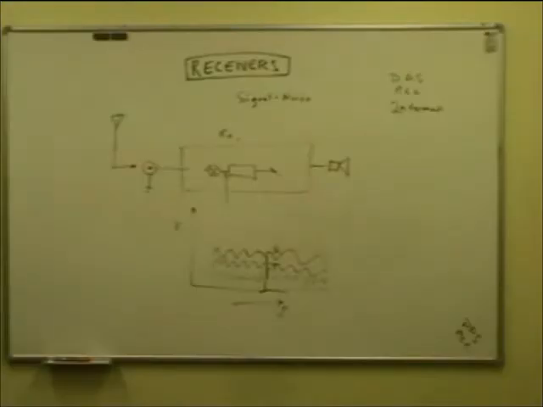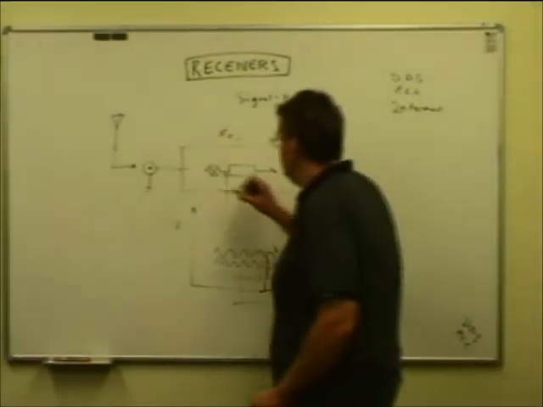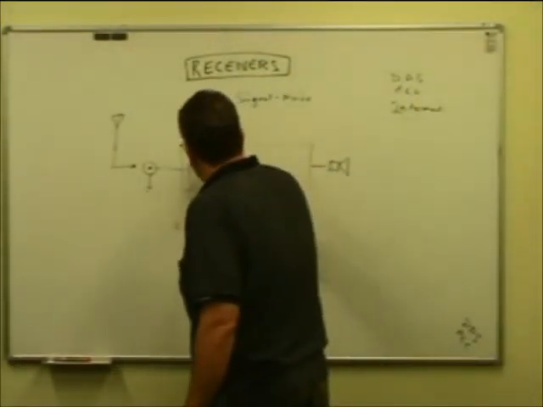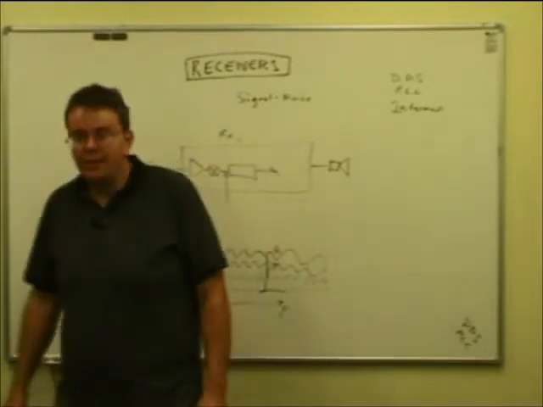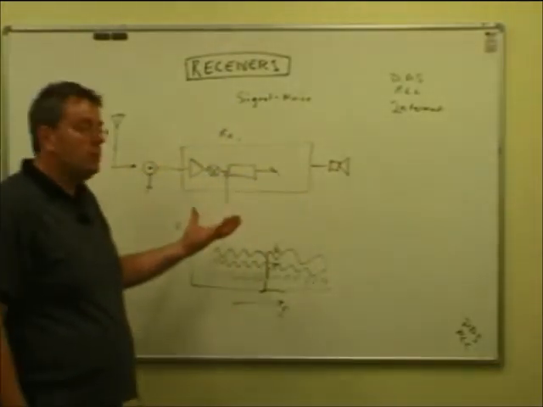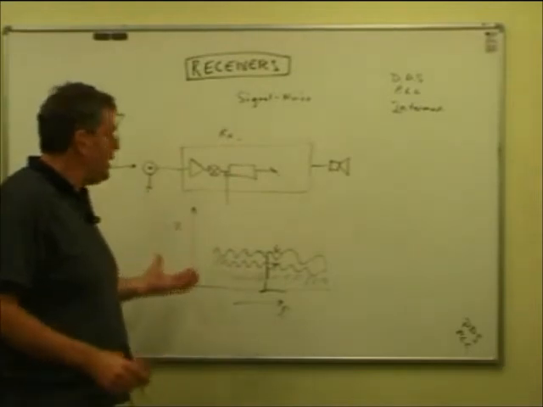Now remember, the reason we put the RF amplifier in here in the first place was to just lift the signal up a bit, just to help the noise issue.